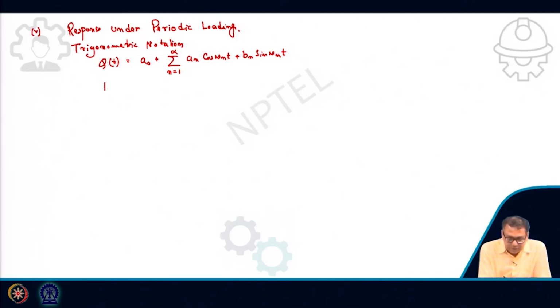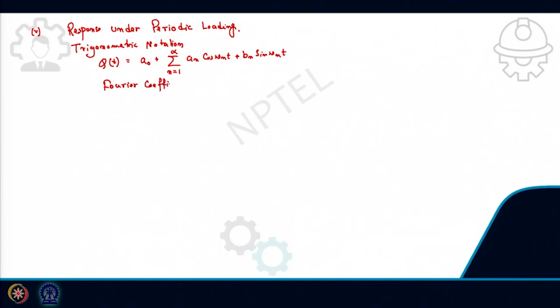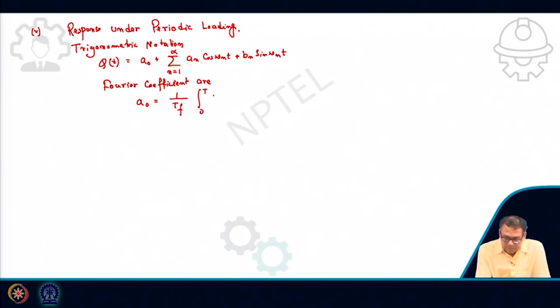Now here the Fourier coefficients are the same as what we did in the previous classes. a0 is 1 by Tf, integral from 0 to Tf of q(t) dt, which is the average over the time 0 to Tf, that I have discussed.